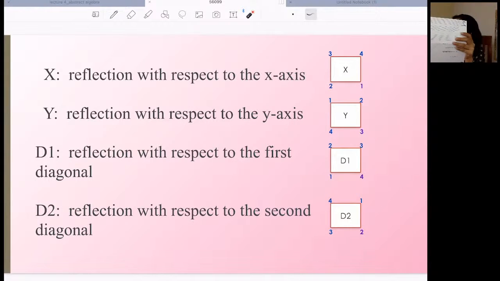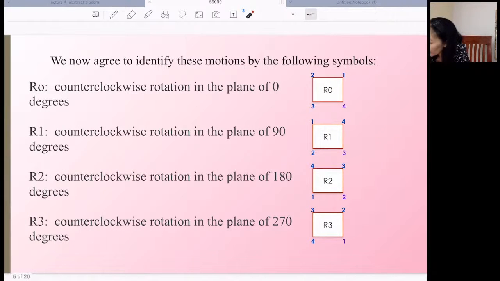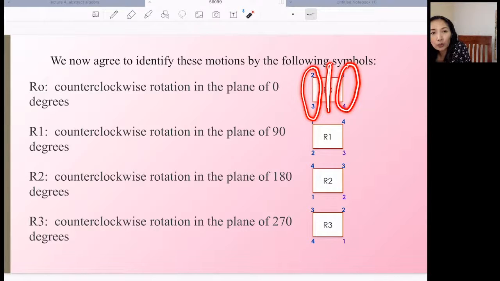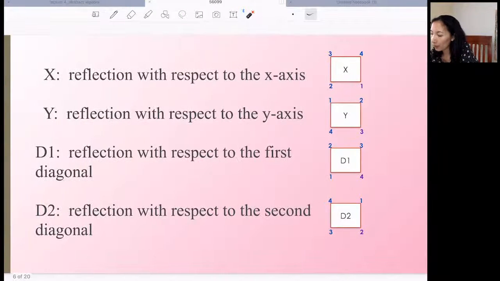From the original position, from RO, if we reflect RO along the y-axis, then 1, 4 will take the place of 2, 3. Okay? So, what will be the position of the vertices? So, tama. 1, 4 took the places of 2, 3.